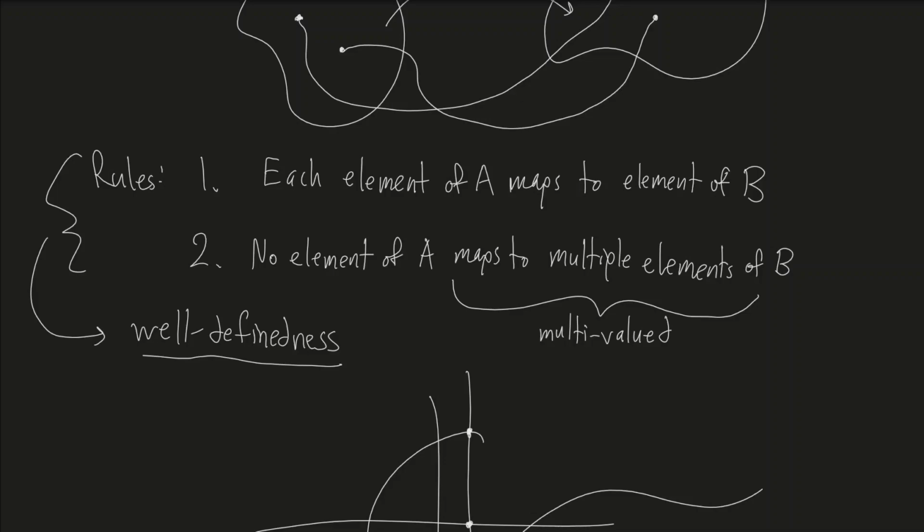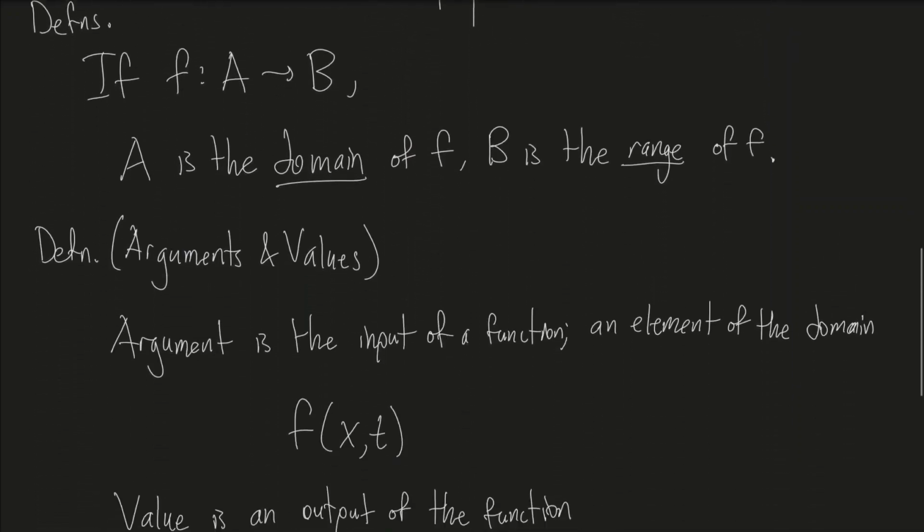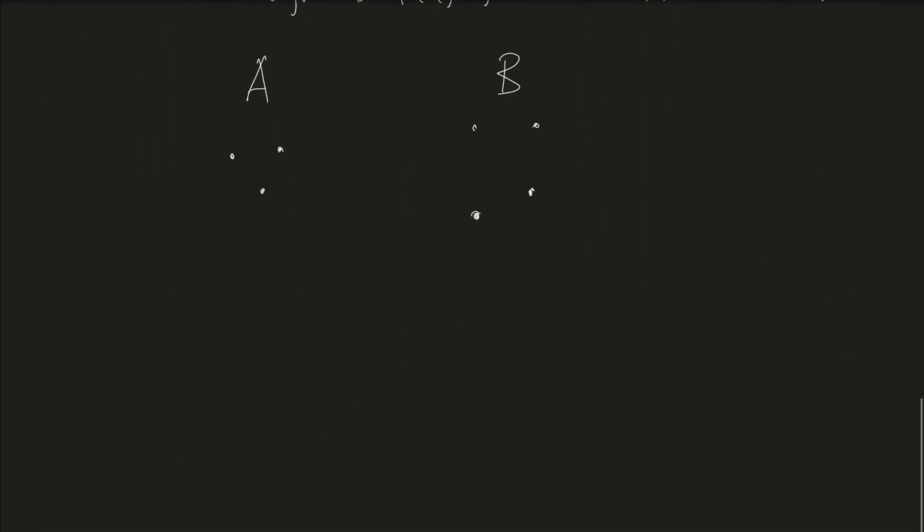And when it just maps to one, like we want it to be, we call it single-valued. Right. So there's no way to get to all of the elements of B without having the function be multi-valued at some point.